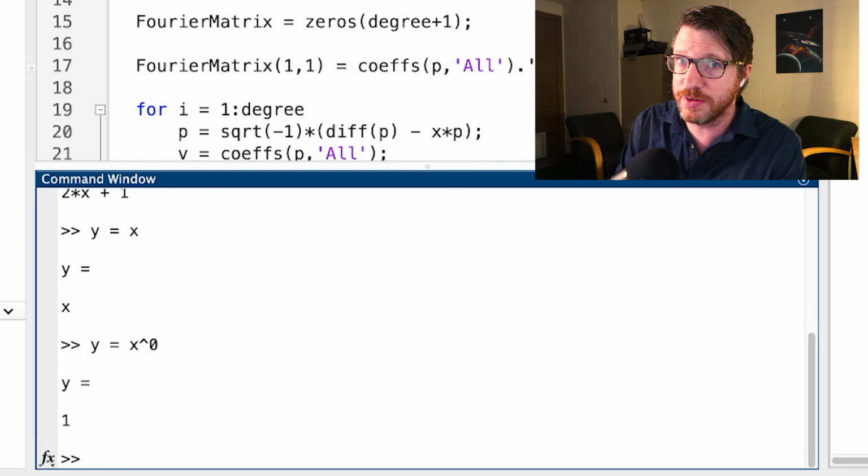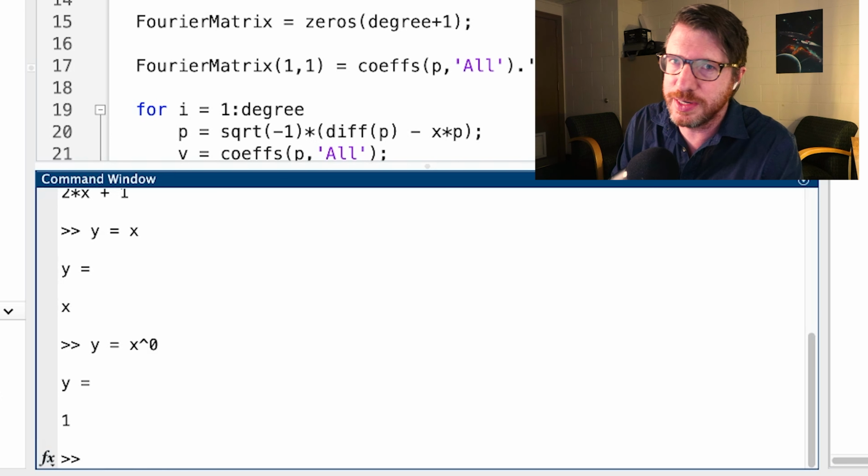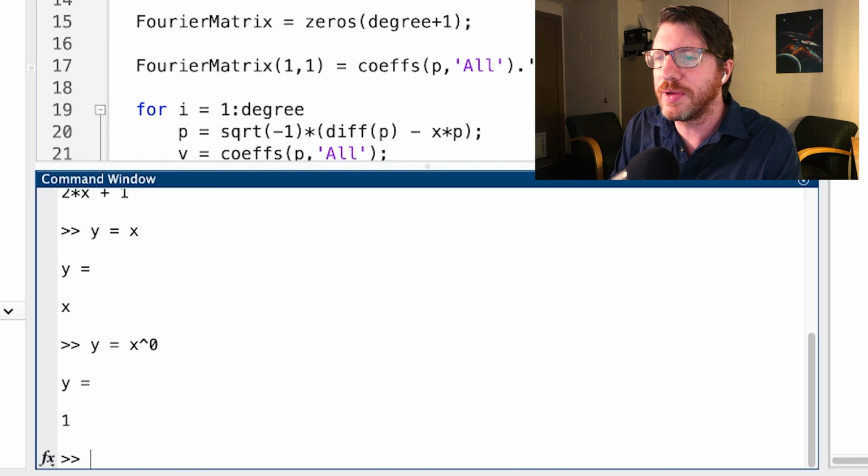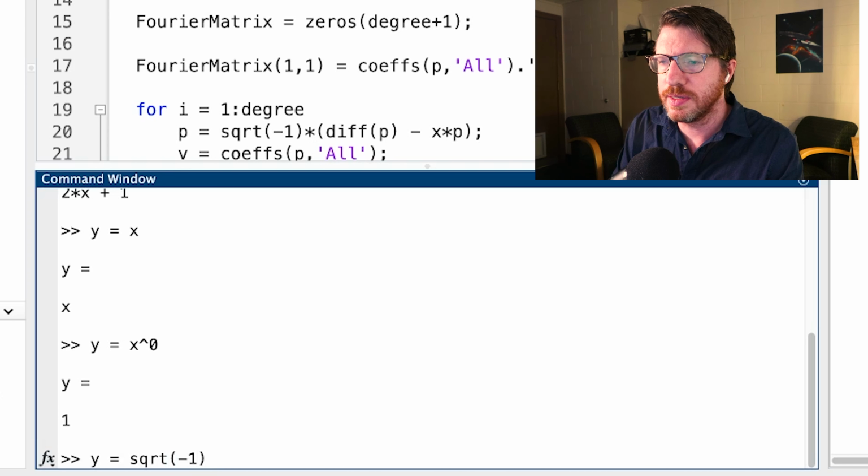Now we have a symbolic variable 1. If I would just put y is equal to 1, it'll think 1 is a double, so we have to be careful with that. Y is equal to the square root of minus 1 times the derivative of y minus x times y. And that should give me my new function.